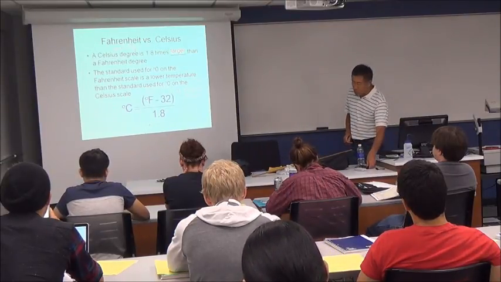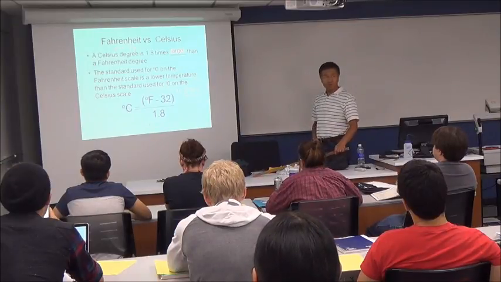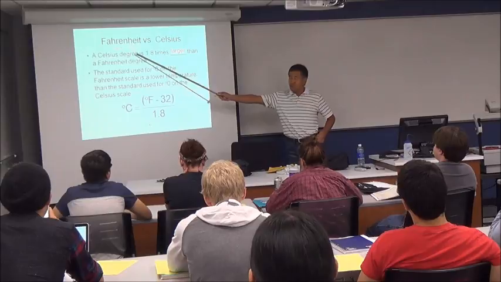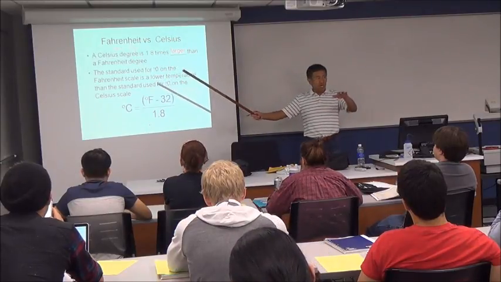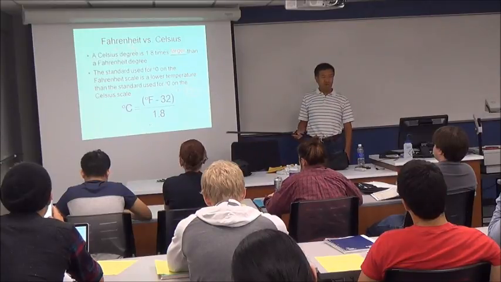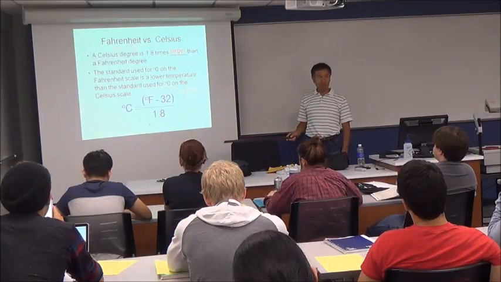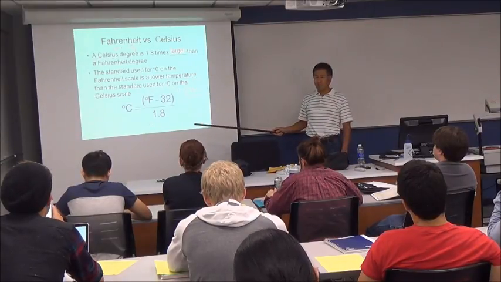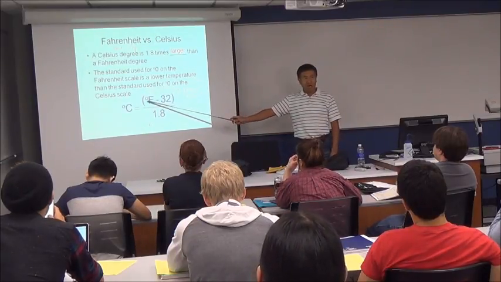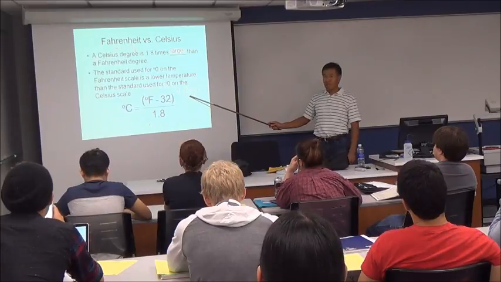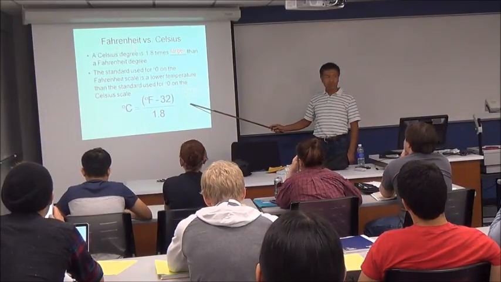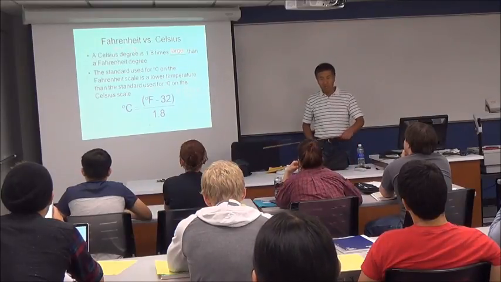Okay. The reason I do this is I want you to know the difference of what we are talking about. So when I said that is one step, each step on the Celsius is larger. But if you measure the temperature of something, like this air temperature in this area, the Fahrenheit is 76. And that number obviously is larger than this 24. Right? I hope you can get that now.